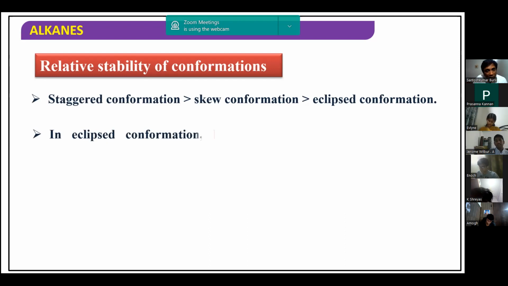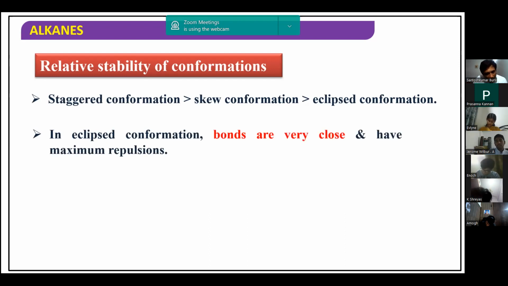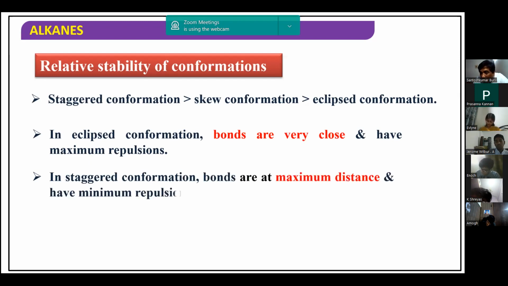They are less stable than staggered and more stable than eclipsed conformation. So that is relative stability. In the eclipsed conformation, the important criterion is that the bonds are very near, the CH bonds are nearest to each other, whereas in staggered conformation, bonds are at maximum distance and have minimum repulsive interaction.